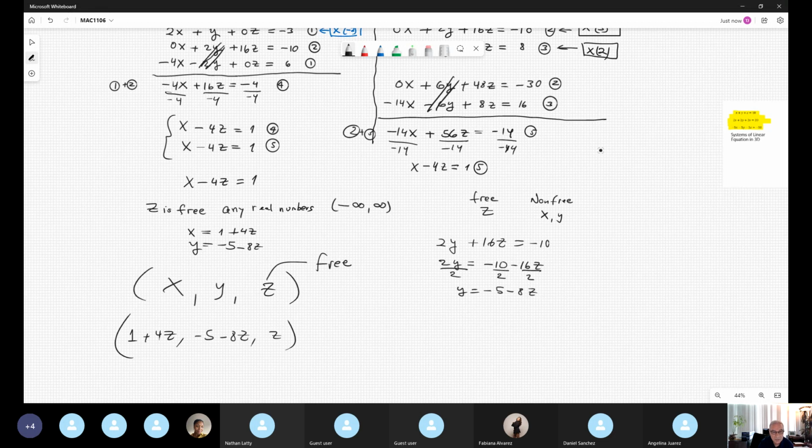And this is the solution set. Some books want that way to express the infinity many solutions. Remember, infinity many solutions is a bunch of points. Maybe it's a line, maybe it's a plane, but it contains the amount of free variables according to the objective. See, if the objective is a line, it's one free variable. If it's a plane, it's two free variables.